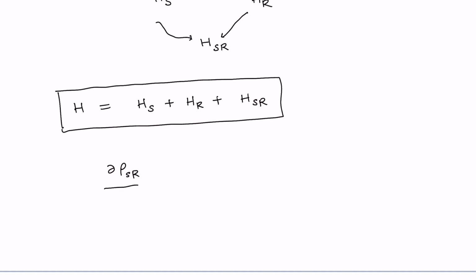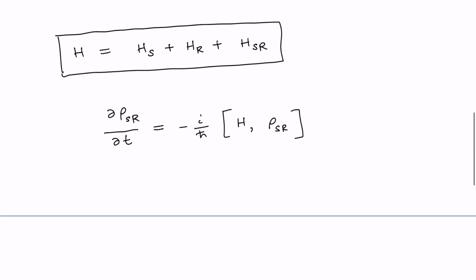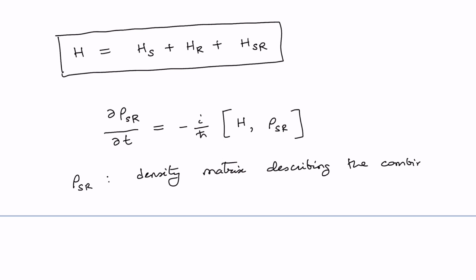So ∂ρ_SR/∂t is equal to minus i by ħ, where ħ is the reduced Planck's constant, [H, ρ_SR], and here ρ_SR is the density matrix describing the composite system, the combined state of the system and the reservoir.